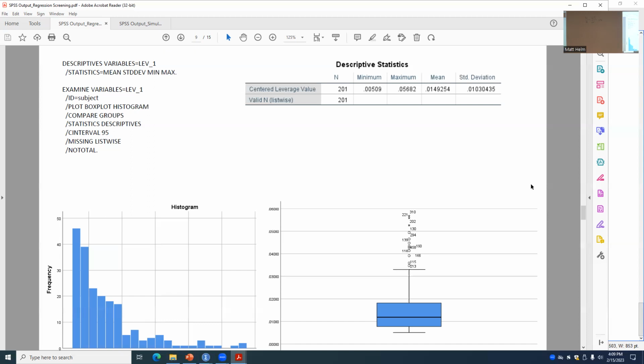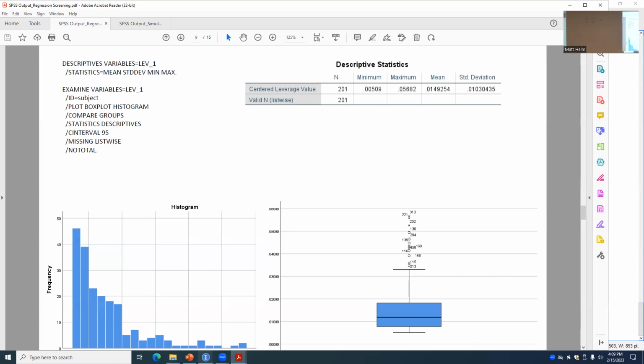These are my multivariate outliers, where there's weird stuff going on in X space. It's a weird combination of things. Looking at this plot, cases 310, 221, and 202 are probably these ones right here that are hanging out off the end of the scale.